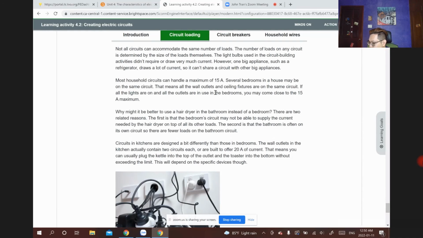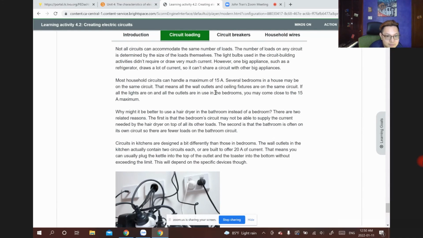If all the lights are on and all the outlets are in use in the bedroom, you may come close to the 15 amp maximum. Maximum is 15 ampere. Yeah. So it means if you have more electric current than 15 ampere, the device will burn.